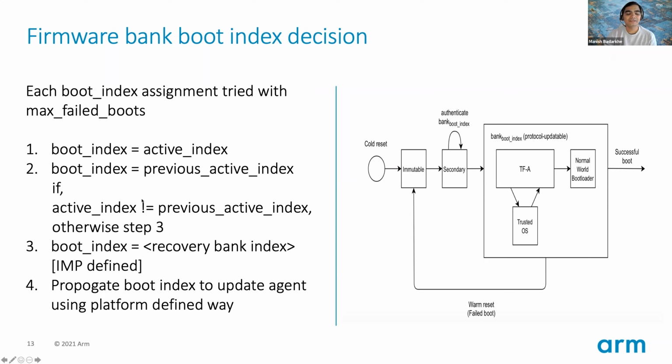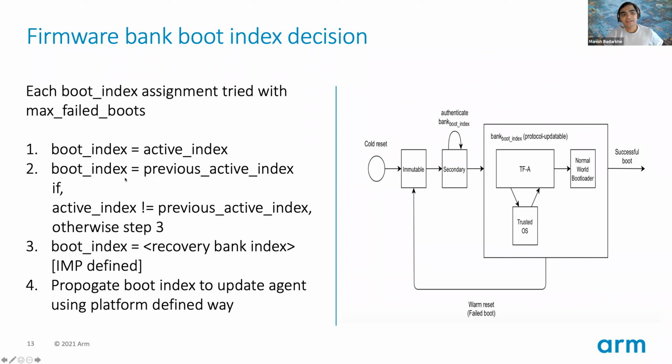Then again we increment the count of that boot error code, and that incremented count is detected by BL2, and then it is a platform defined way to go to the recovery.